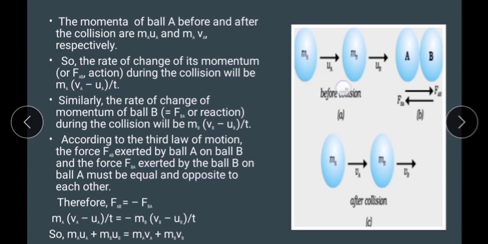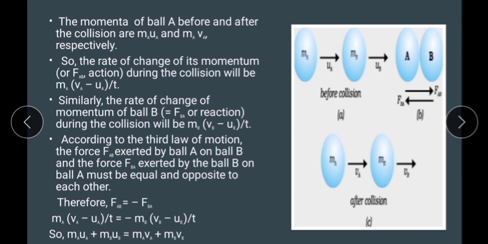So there are two balls we can see. One is of mass mA and the other is of mass mB. The ball with mass mA moves with a velocity of uA and the ball with mass mB moves with a velocity of uB.